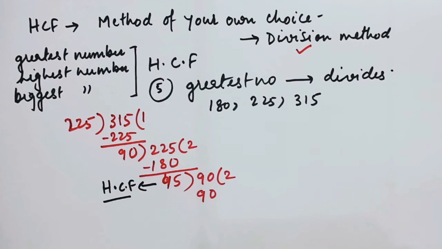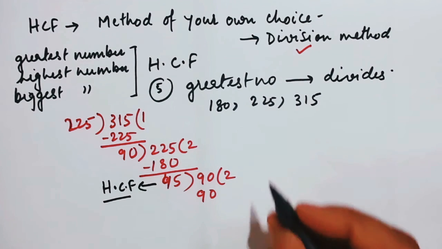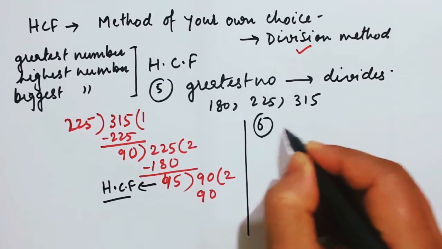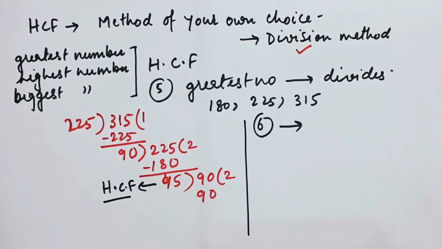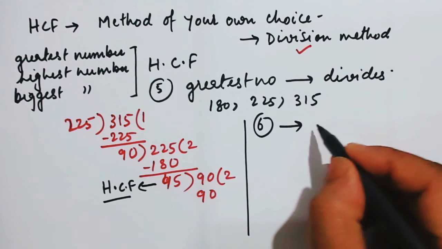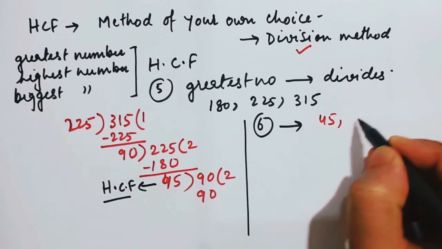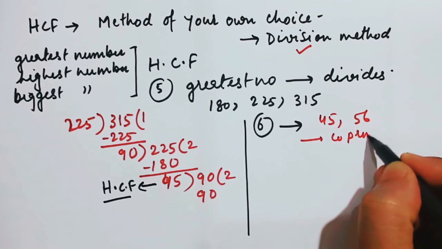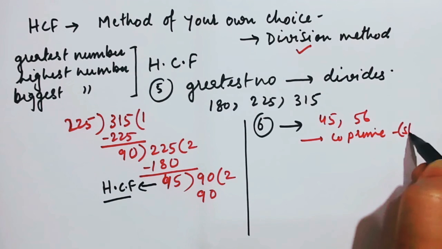Okay. Now let us take one more question. We have enough space over here in number 6. They say, show that 45 and 56 are co-prime numbers.